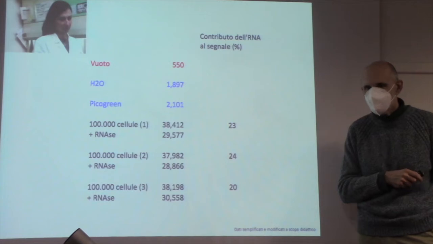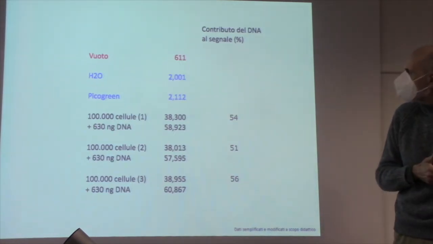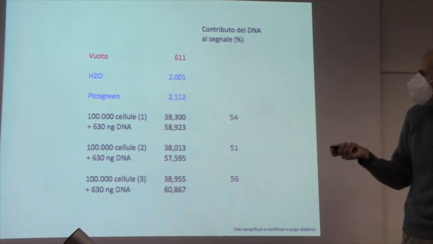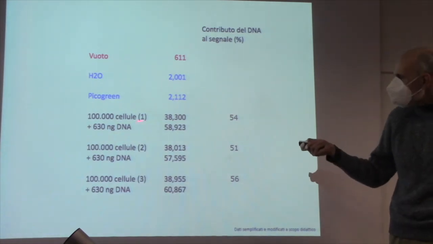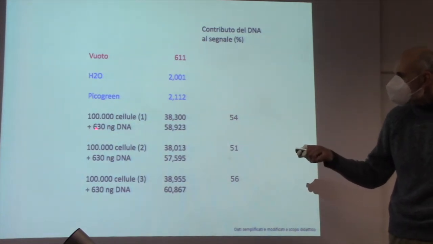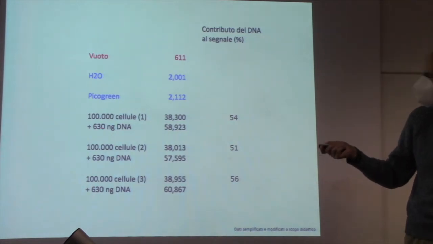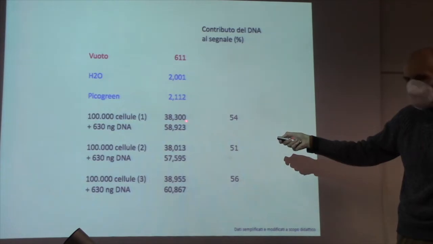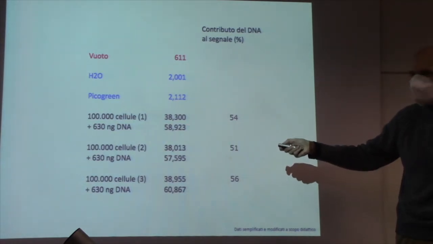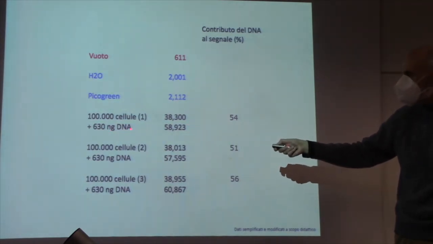Correct. That's what Sarah did. So she measured the same matrix, plus or minus exactly 630 nanograms of DNA. So a cell lysate as it is, or the same cell lysate plus 630 nanograms of DNA.